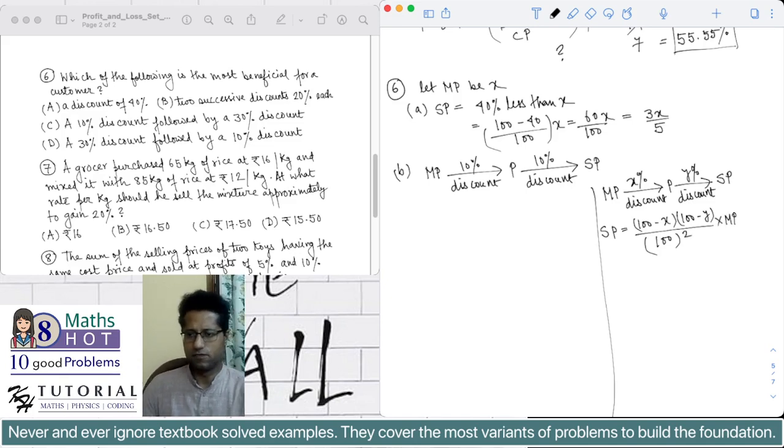I do not think this is too hard to remember. If you can remember this, you can solve the problem faster.